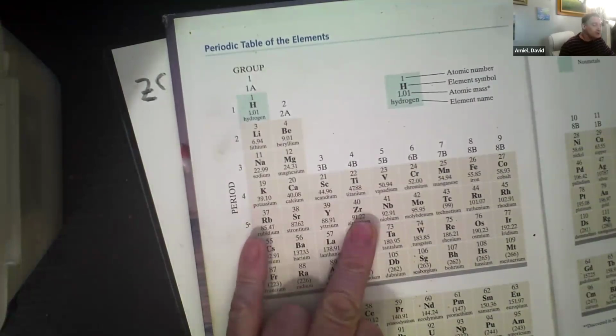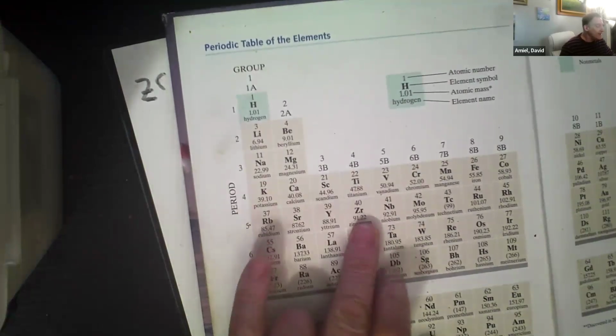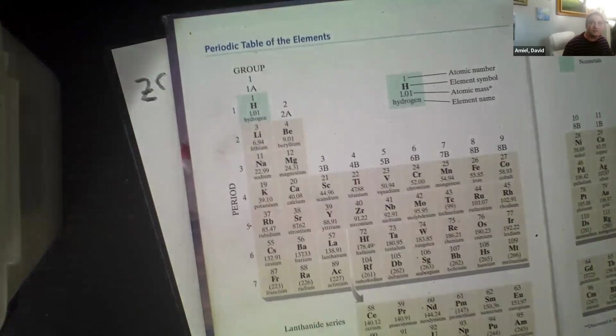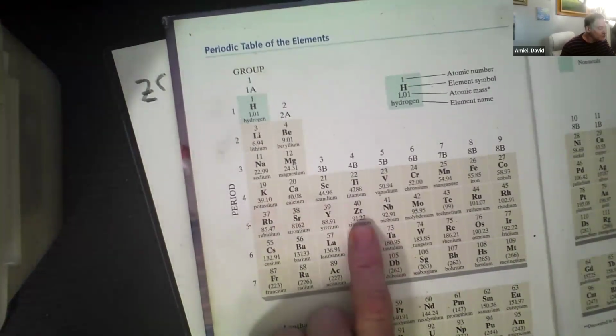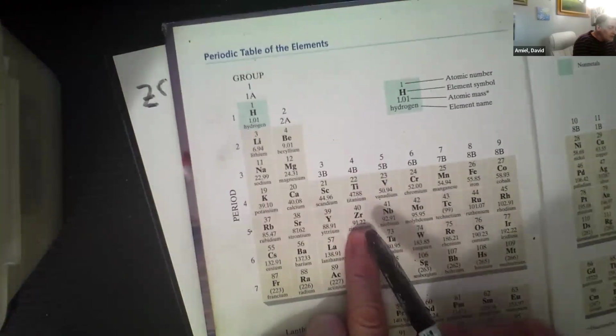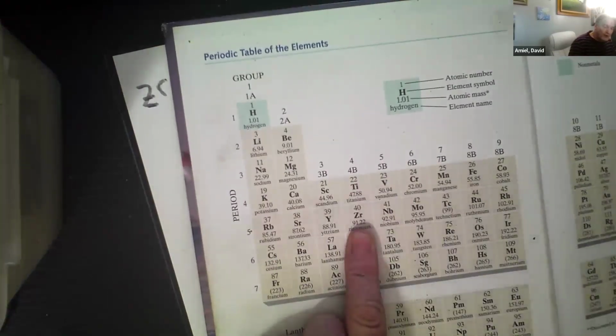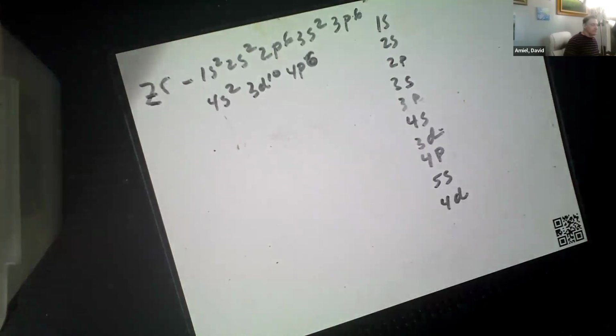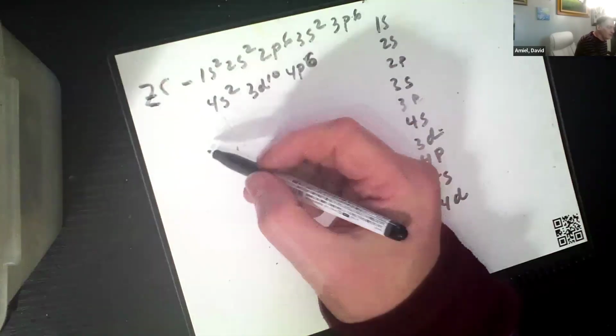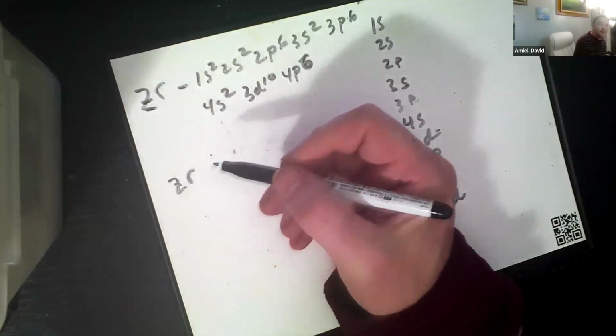And I could just look at this and using noble gas configuration, watch this. If I wanted to use noble gas configuration for zirconium, I would look at the noble gas right before it, which would be krypton, and then I would write this. Here's an alternative way to do it. It depends on the problem.